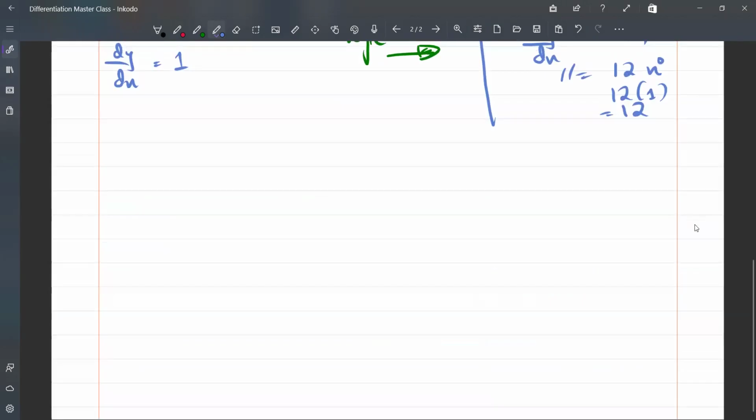Model number 4. What is the differential of a constant? So the differential of a constant is always 0.